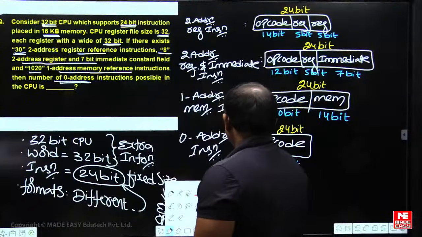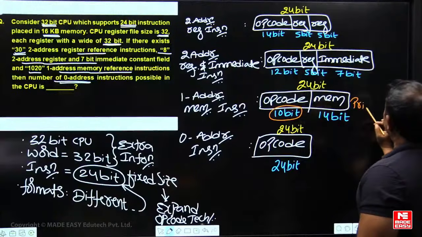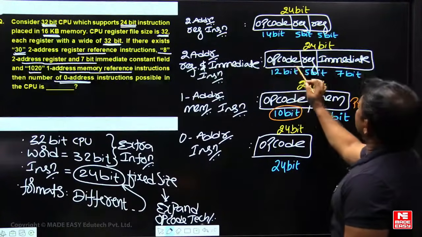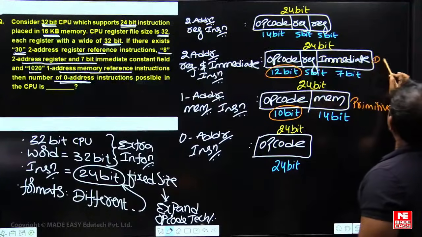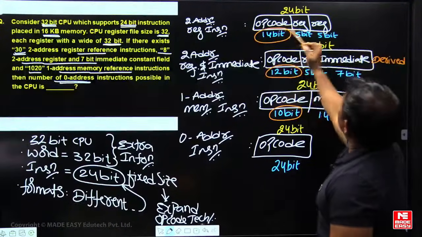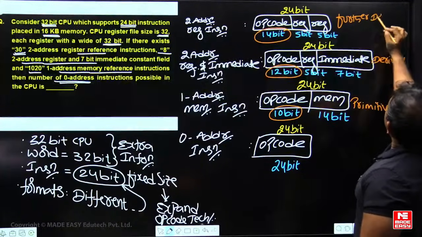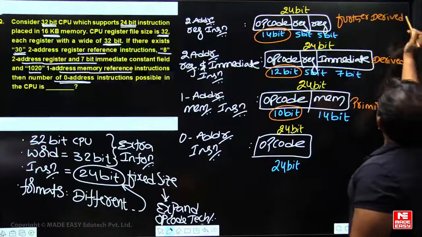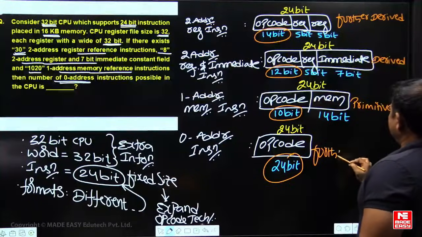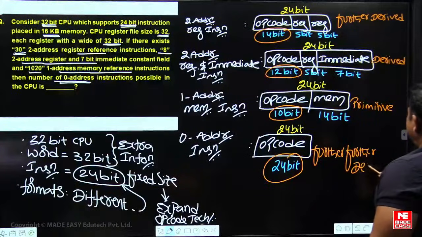Now the small opcode is the primitive. Next small, this is derived. Next small 14 is further derived. Small 24 further, we take like this.